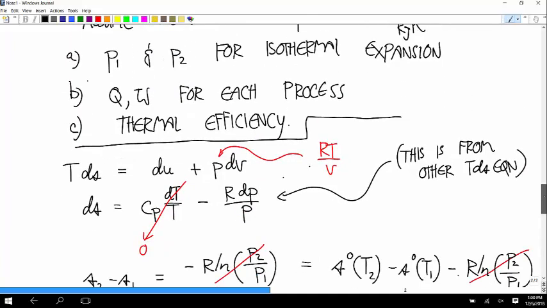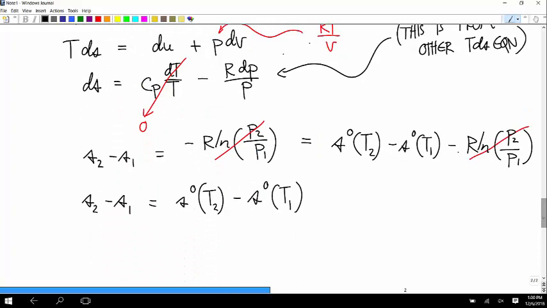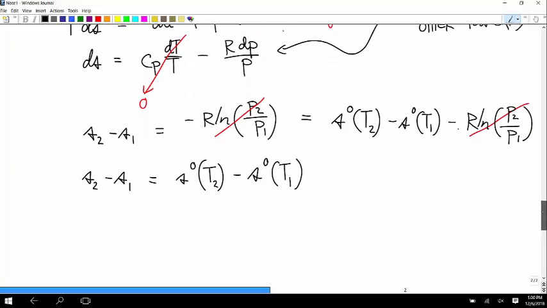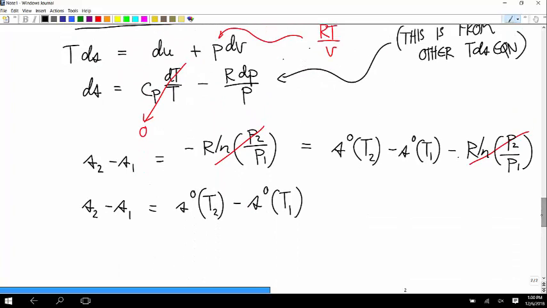We're trying to calculate the pressures, but the pressure has disappeared here.